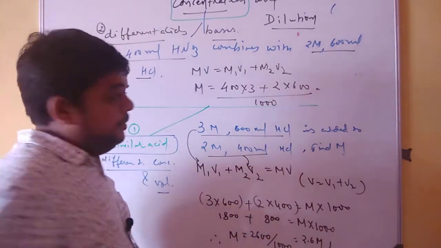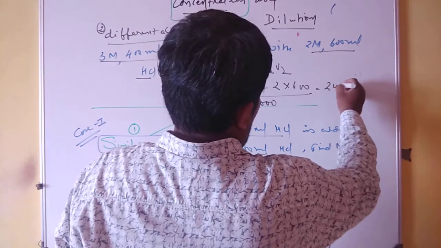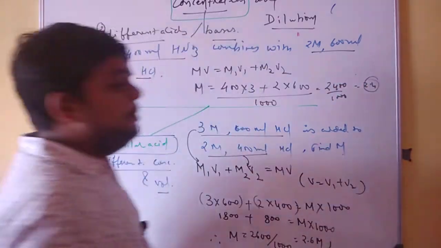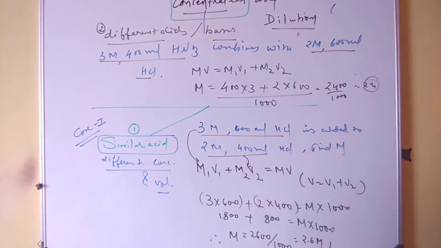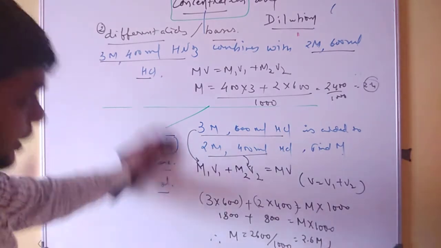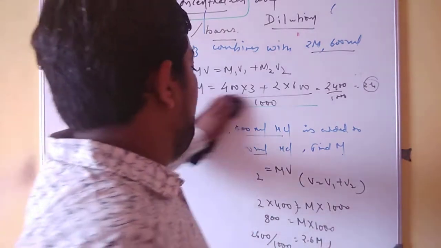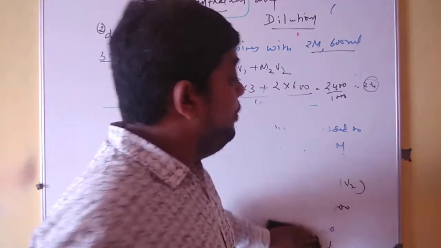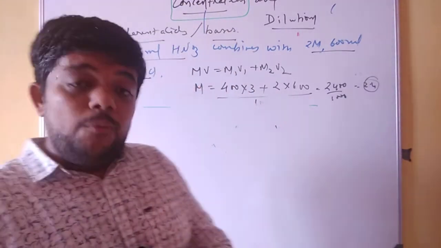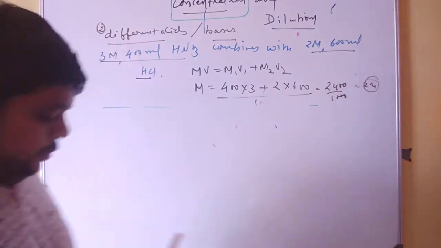So it is 1200 plus 1200, 2400 divided by 1000, it is 2.4. This is how we can do. Friends, over here there are several ambiguities that are to be discussed in these newer cases that I am going to take now. Until and unless you have monobasic acids, you need not to worry.